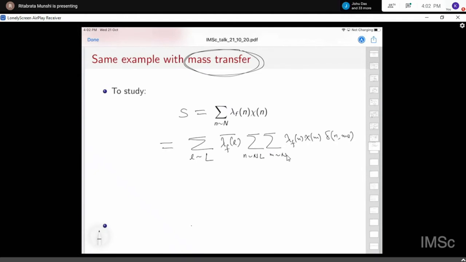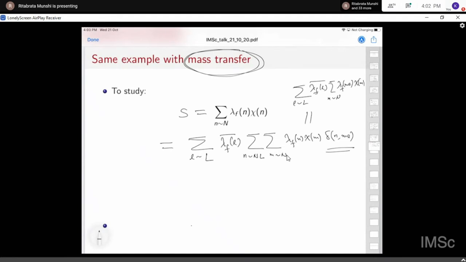Delta of N, ML just means that N is equal to ML, otherwise it's vanishing. So if N is equal to ML, then this is equal to the sum over L of lambda f of L bar, and then a sum over M of size N of lambda f of ML by M.